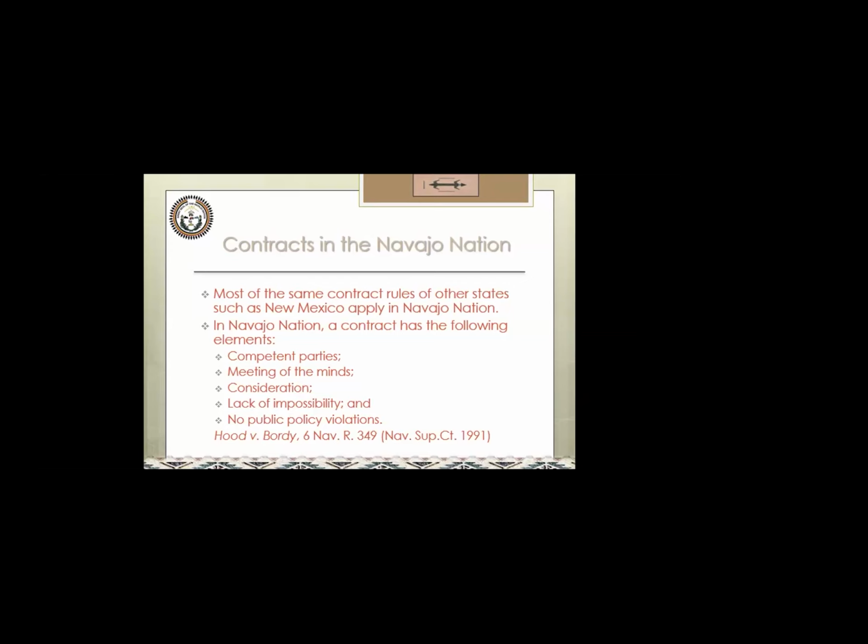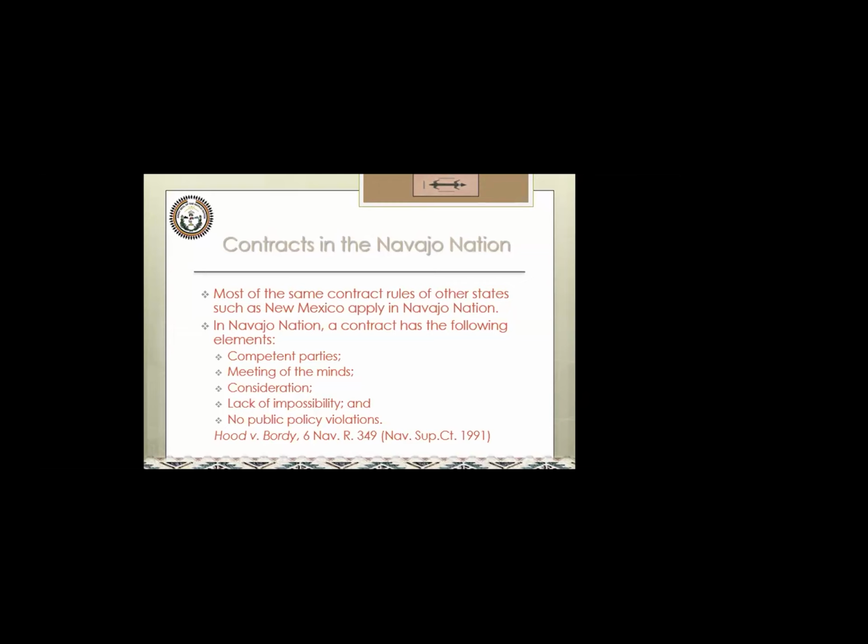Bordy, which was a case decided by the Navajo Nation Supreme Court in 1991, the Supreme Court said that a valid contract in the Navajo Nation has the following elements: competency, meeting of the minds, consideration, lack of impossibility, and no public policy violation. So you can see that what Navajo Nation considers a valid contract is very similar to what a state court would consider a valid contract.